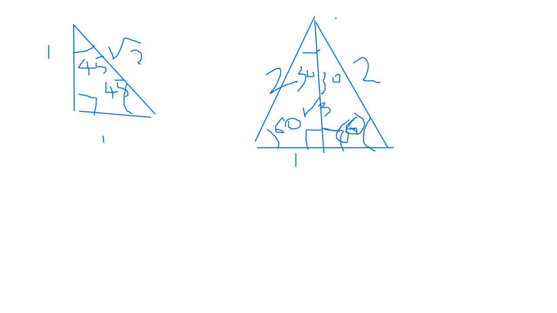So you can easily say that cos 45 is going to be 1 over root 2, or root 2 over 2, the same thing.